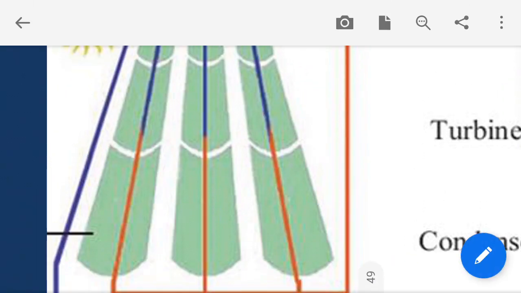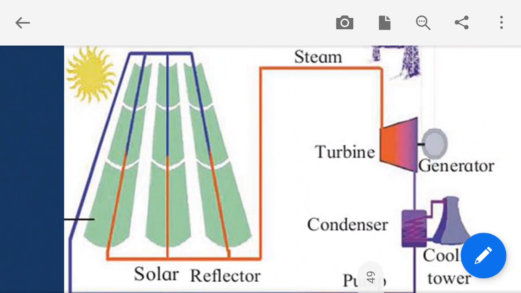Water is flowing through these tubes, and at the same time sun rays after reflection from the reflector are concentrated on these tubes. Due to this, the temperature of water inside the tube becomes high, and this water is converted to steam by using thermal energy from the sun.